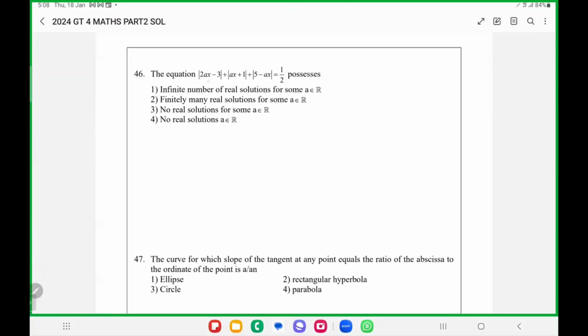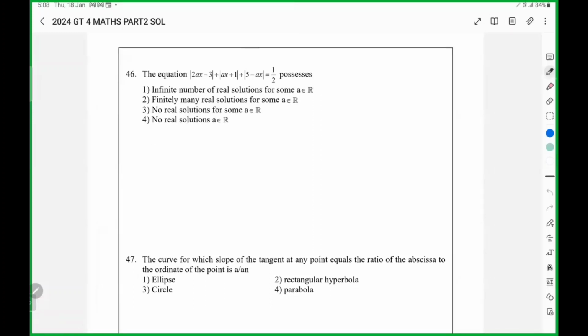So here the equation possesses many modulus. What we know is mod x plus mod y is greater than mod of x plus y, and mod of minus x is mod x.